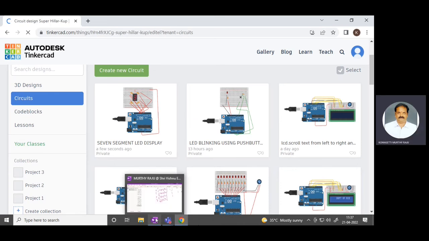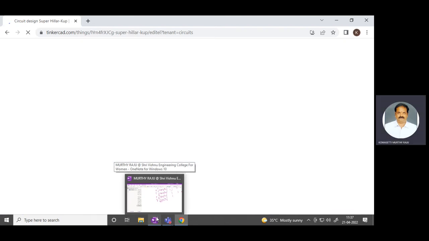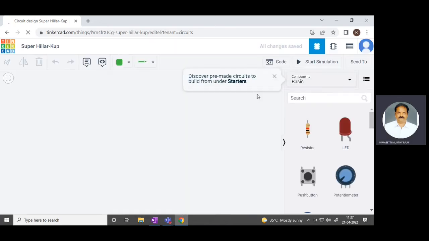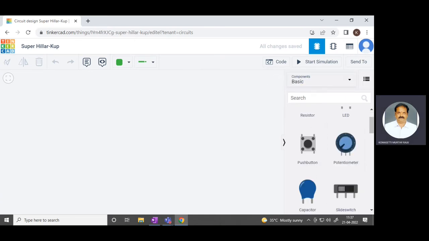In common cathode 7-segment display, all the cathodes of the LEDs are combined and connected to ground, but anodes are not connected. Now, for a given 7-segment display, identify whether it is common cathode or common anode.